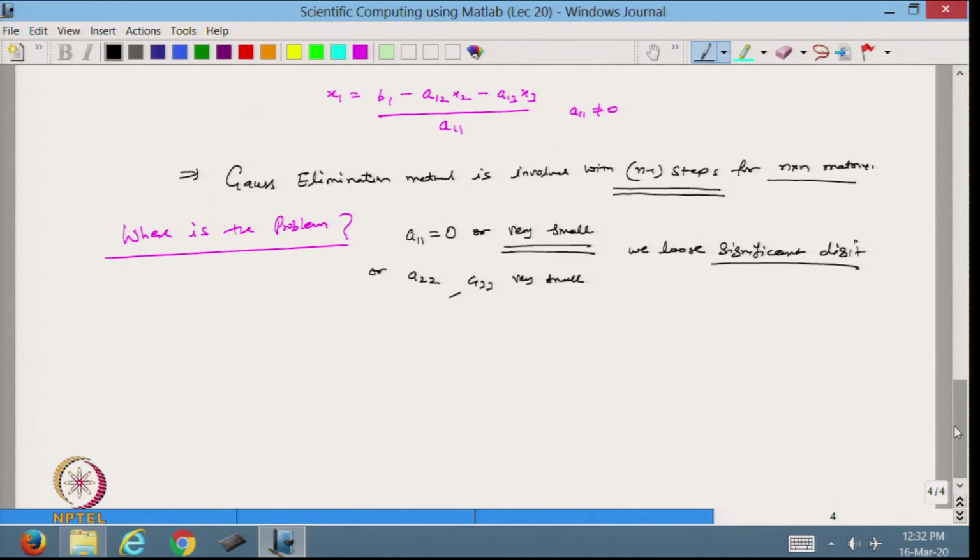So, to get rid of this problem, what we do is take partial pivoting.